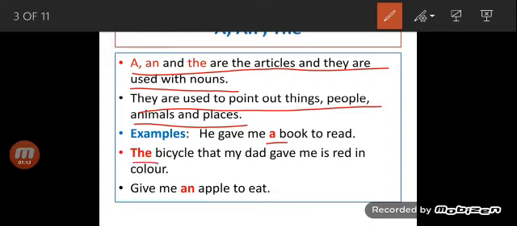The bicycle that my dad gave me is red in color. So the is an article which is used before the noun bicycle. Give me an apple to eat. So these are the examples of articles.